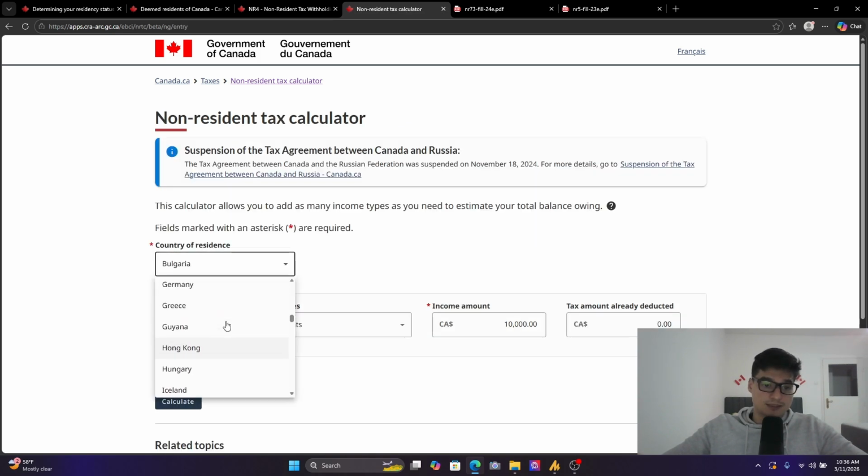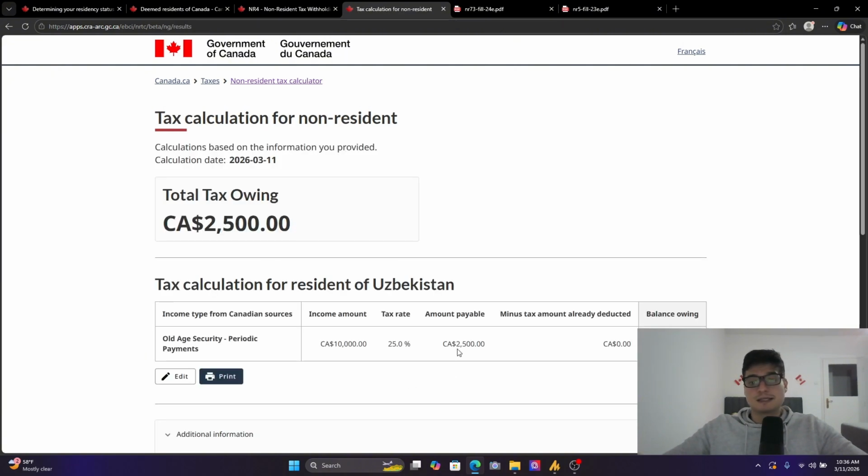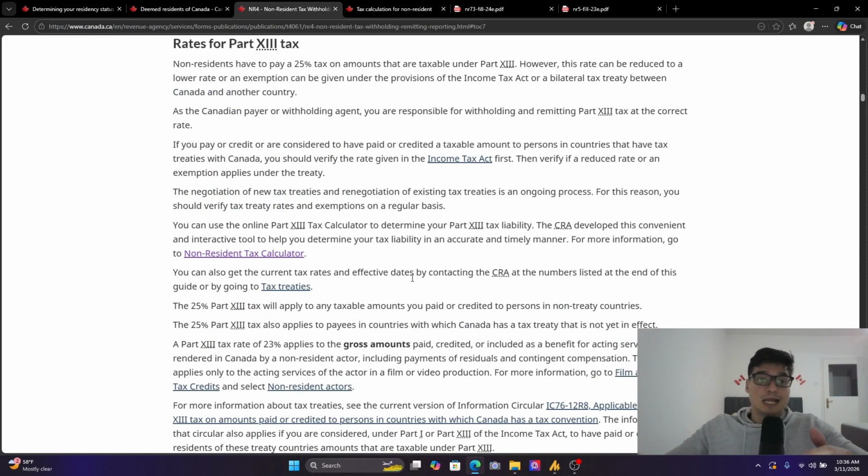If we go down to Uzbekistan, we can see that there's 25%. So they don't have a tax treaty with Uzbekistan, and you're going to have to pay 25% withholding tax. That means any income that you earn in Canada as a non-resident, 25% must be withheld.